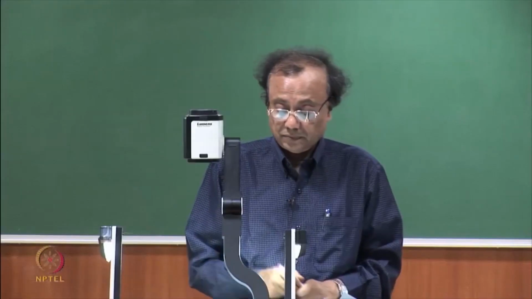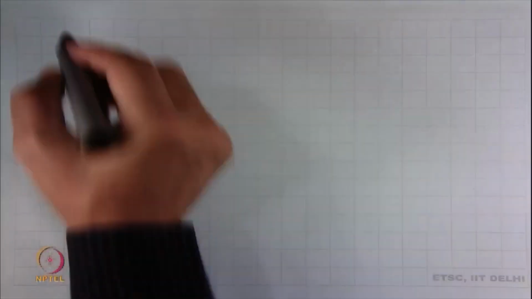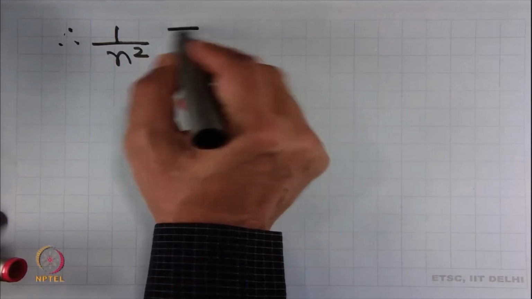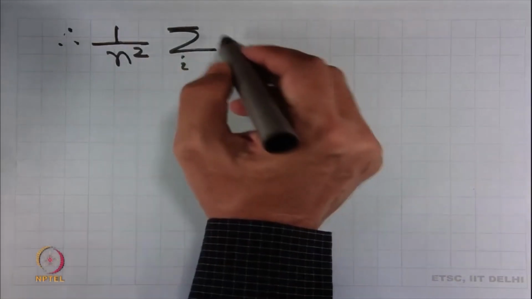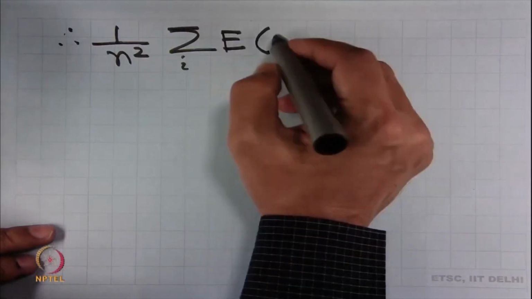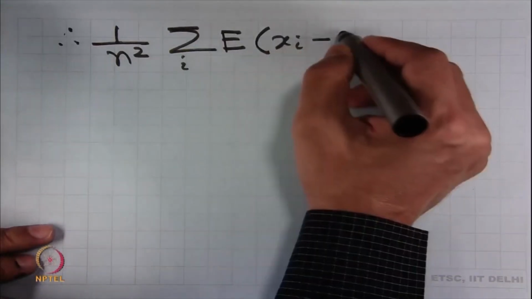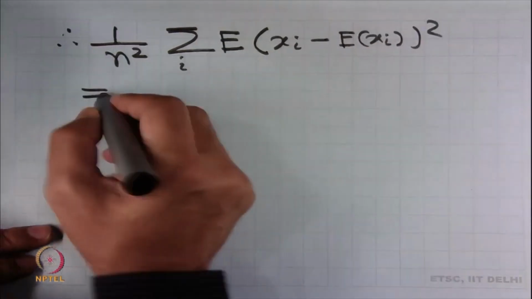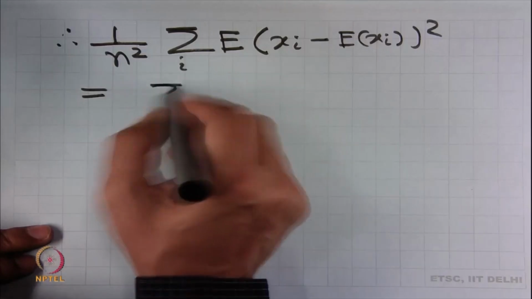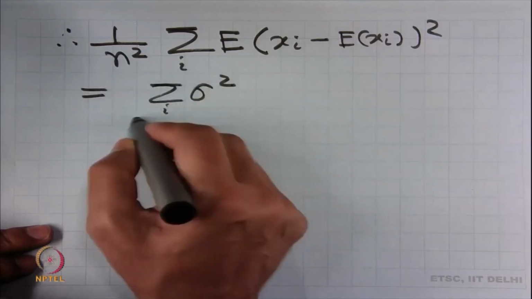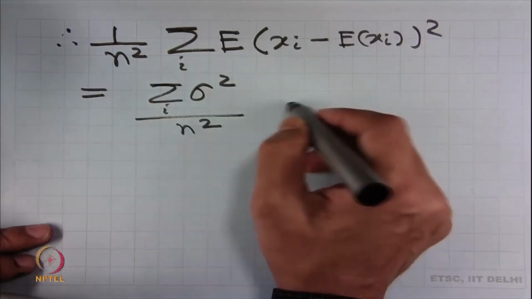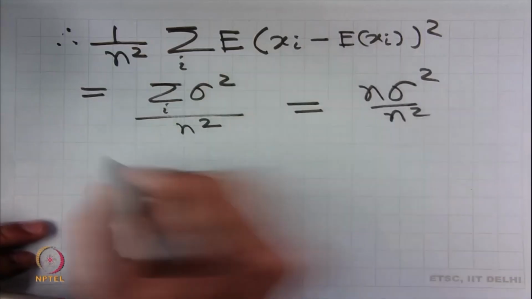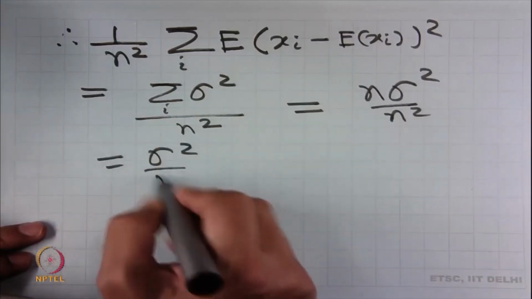Therefore, 1 by n square into sigma over i expected value of xi minus expected value of xi whole square is equal to summation over i sigma square divided by n square, is equal to n sigma square upon n square, is equal to sigma square by n.